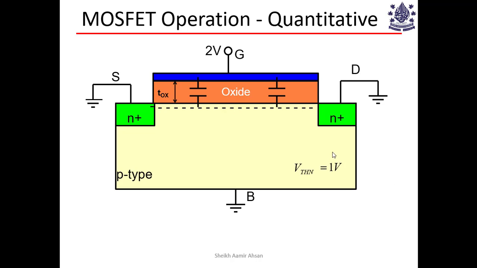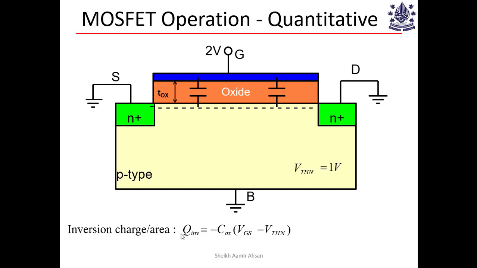Q is equal to CV is the well-known relationship for a parallel plate capacitor. So how much is this charge? If you want to understand the value of this charge for any applied gate voltage, that can be given straightforwardly using this equation. We know the charge on the plate of a capacitor for any applied voltage V between the two plates is Q equals CV.